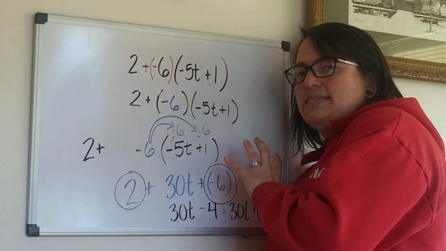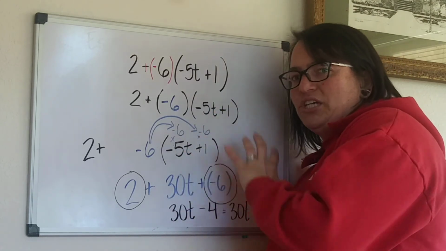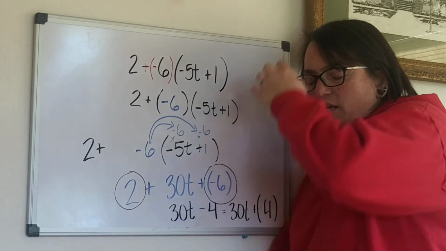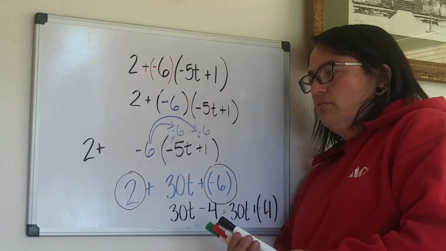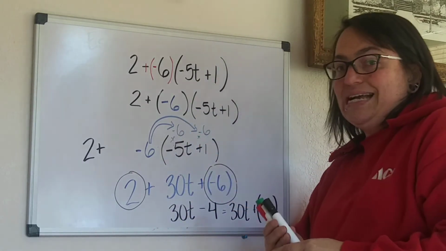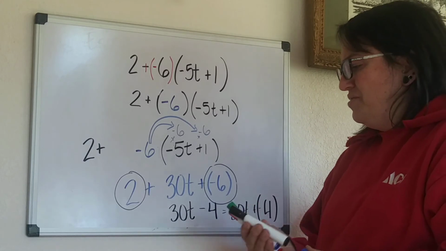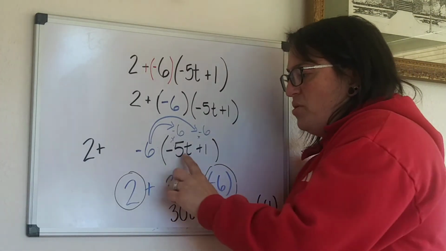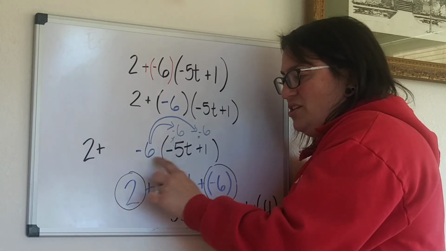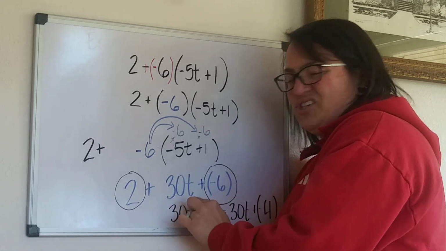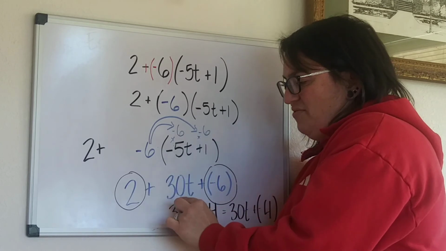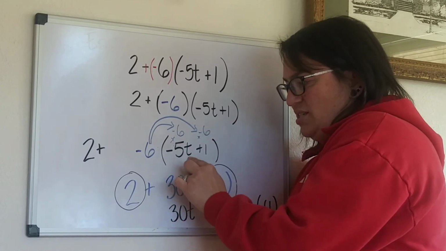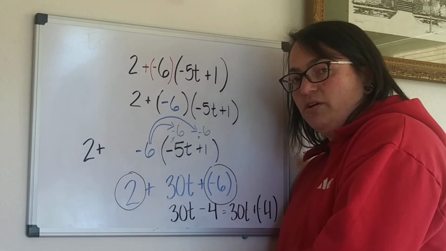This is not practicing multiplication, this is practicing a lot of algebra, and the calculator can just help you get this down faster, even if you type in -6 times -5. Remember, when this is 5t, that coefficient, you just multiply the numbers together and the t stays the same. So -6 times -5 is 30, and this was a t term, so that's a variable term.